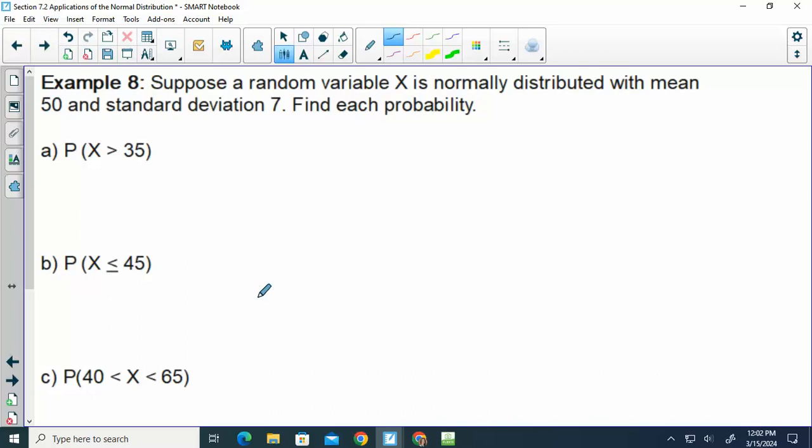Last question. Suppose a random variable is normally distributed with mean 50 and standard deviation of 7. Find each probability. So what am I going to have to do each time? Find the Z. So my X is 35, mean is 50, standard deviation is 7.